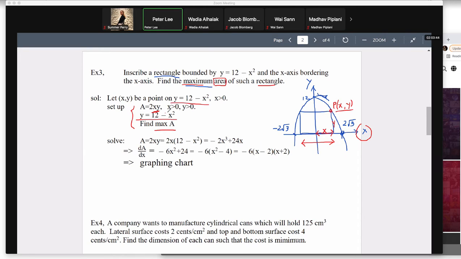And here I wrote down x is bigger than 0, and y is bigger than 0. But if you want to be precise, you can say x is between 0 and 2 square root of 3, and y is not just bigger than 0, but also less than 12.